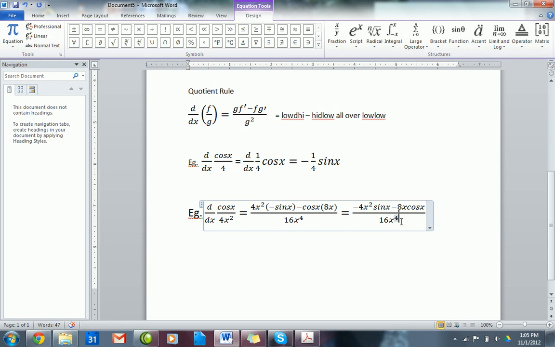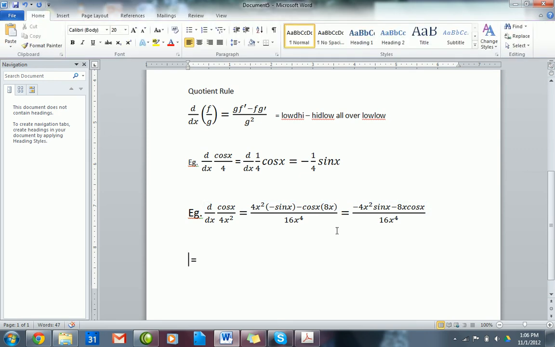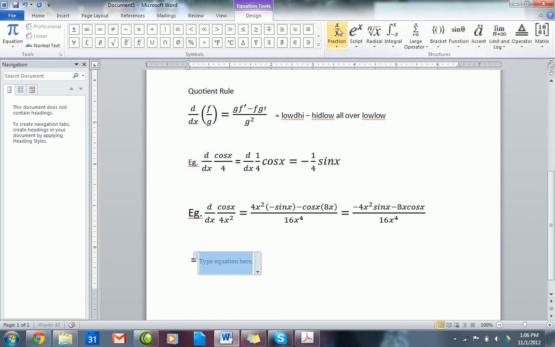Well, a 4x, so I can pull a 4x out of everything if I so choose. If I pull a negative 4x out of negative 4x squared sine x, I get a negative x sine x. If I pull a 4x out of negative 8x cosine x, I get a 2 cosine x. And then I pull a 4x out of the denominator, which leaves me with 4x to the third.